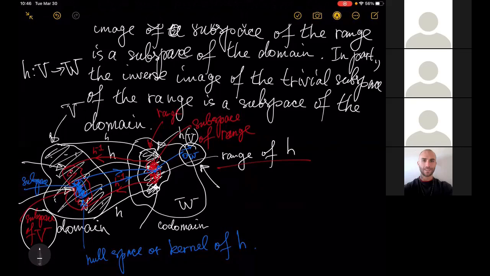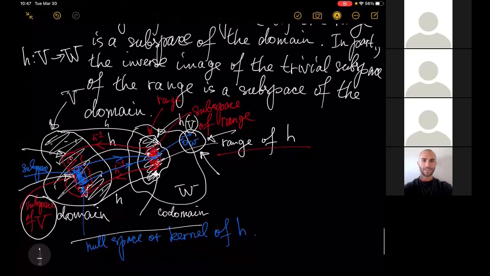There can be many vectors mapped to the zero vector. The statement is that this set of all vectors mapped to the zero vector in the codomain also forms a subspace. This set is called the null space or kernel of the homomorphism.